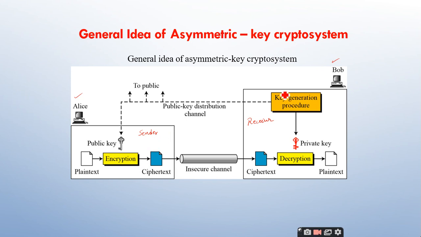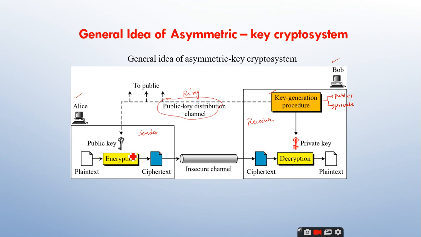As I told you, Bob is going to generate two keys, one public key and another one private key, by using some key generation procedures that we will discuss later. The public key generated by Bob will be kept in the public key distribution channel. Here I am calling it a public key ring.